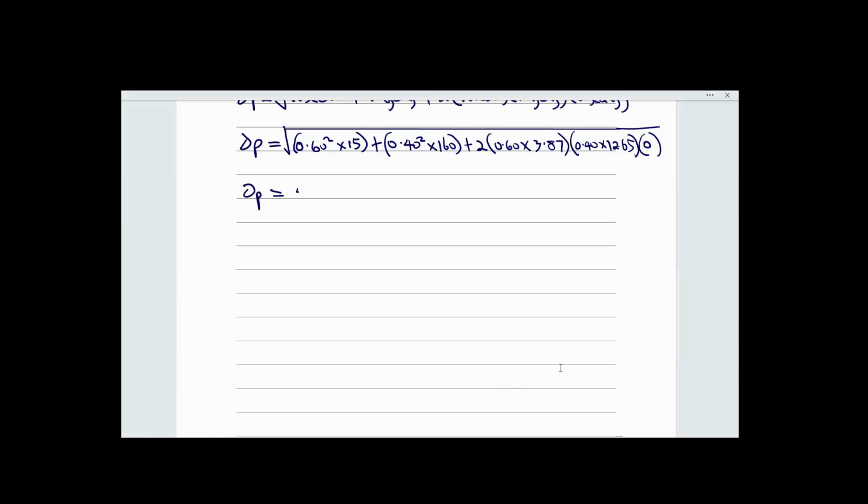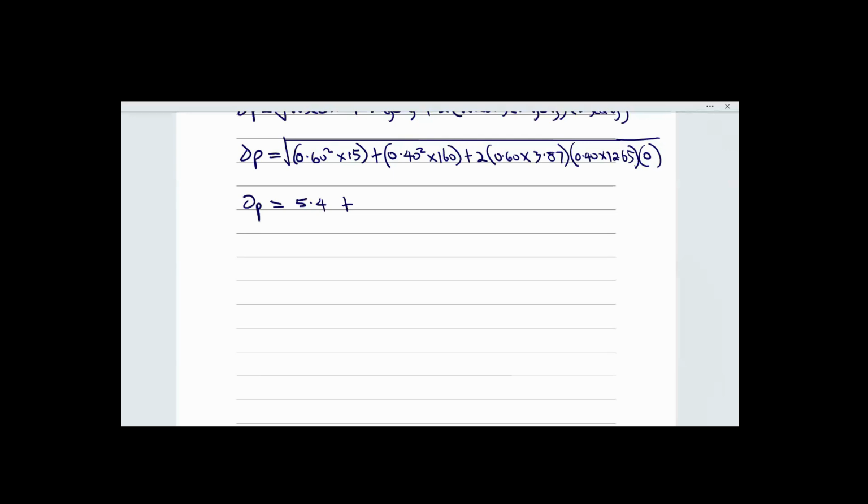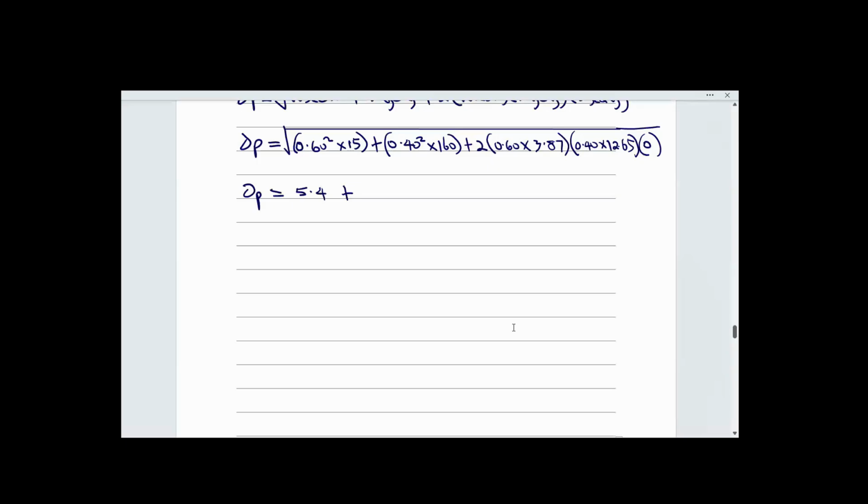So here will be 5.4 plus 0.4 squared, 0.16, multiplied by 160. That's 25.6. Then plus 2 multiplied by all of this, it will give you 0. So this one will be equal to 0.